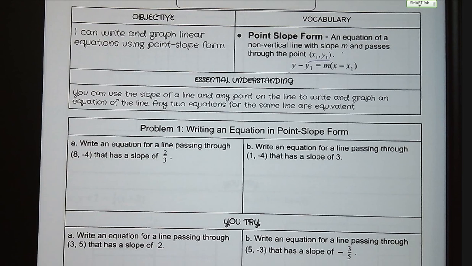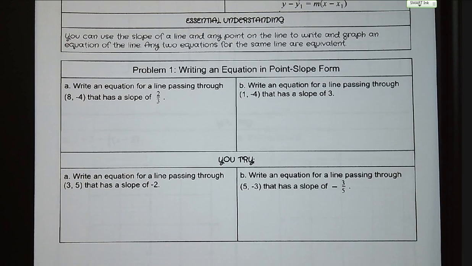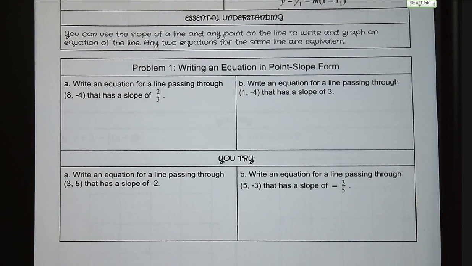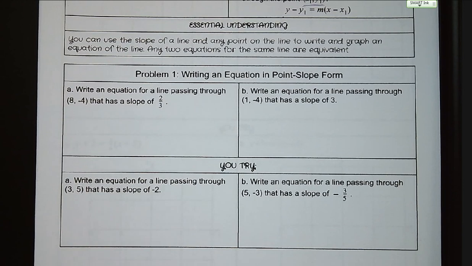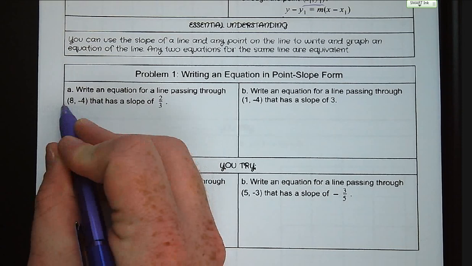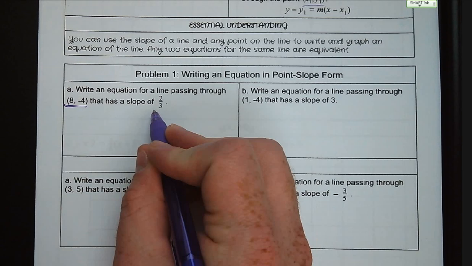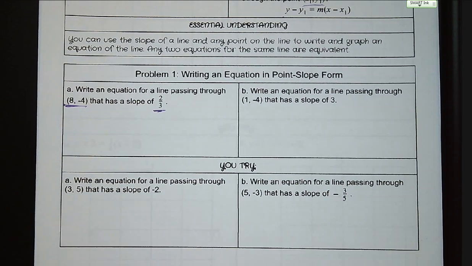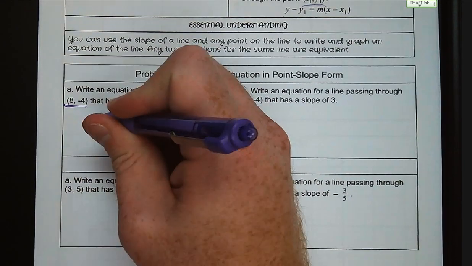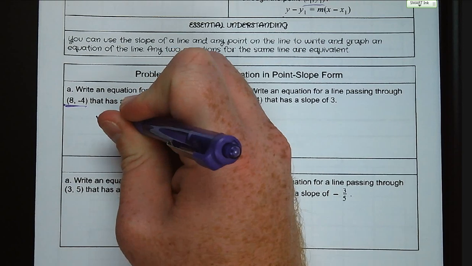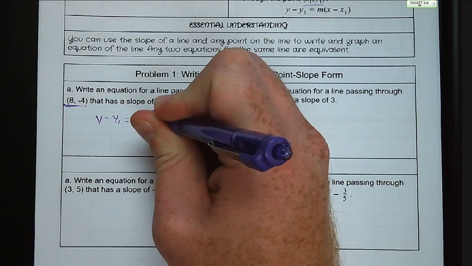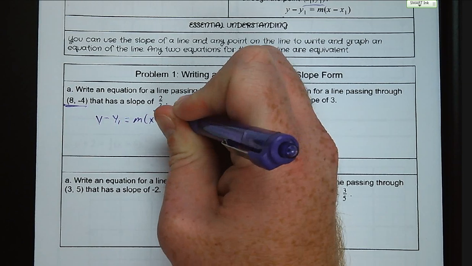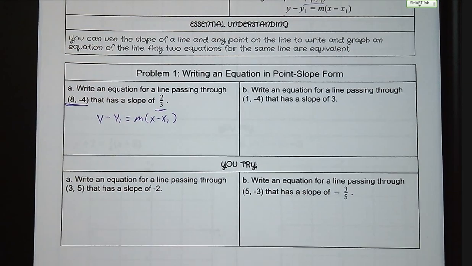So, problem number one, we're going to write an equation in point slope form. Our line is passing through the point (8, -4) and has a slope of 2/3. So we have our generic form, y minus y1 is equal to m times (x minus x1). Now this is a formula that you are going to have to memorize because it's going to be really useful for you.